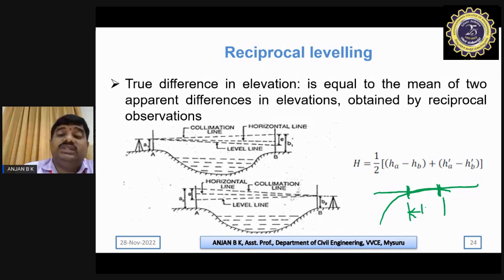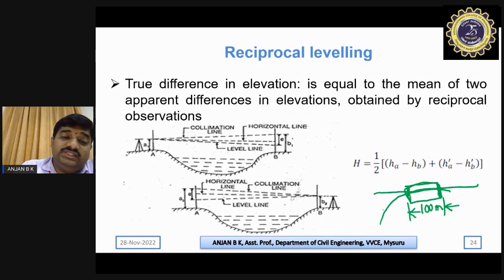So if you are positioning your leveling staff more than 100 meters away, there will be a curvature effect. For example, if I place my leveling staff anywhere in this line, at this point, then the elevation will not differ so much.